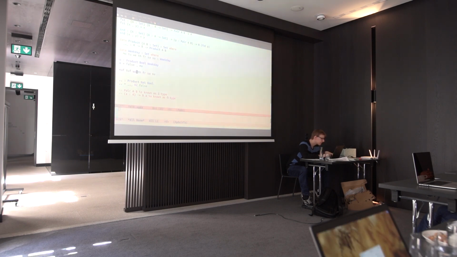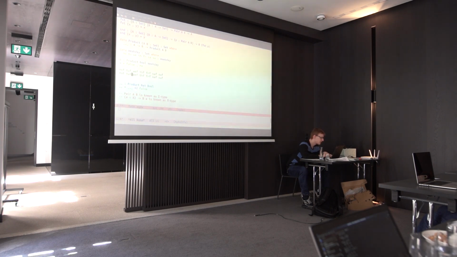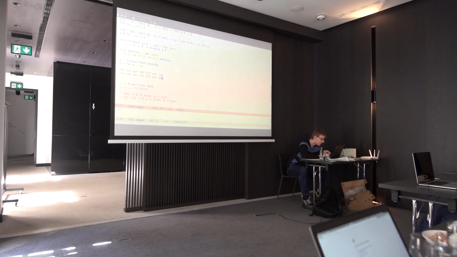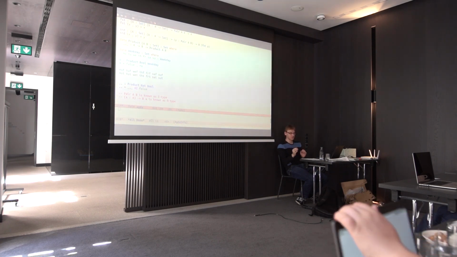Tuesday. So those are the 7 values where the first component is false, and those are the pairs where the second component is true. Okay. So this is a non-dependent tuple, and this corresponds to a nice table. You have 2 rows and 7 columns.